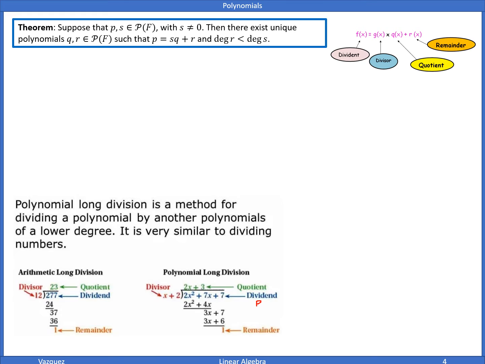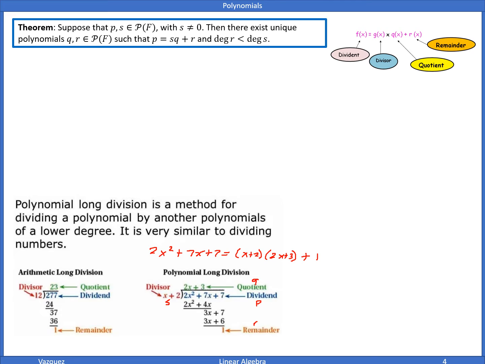This would be P. This would be S. This would be Q. And this would be R. This is how we should look at it. So P, this polynomial, 2x squared plus 7x plus 7, is equal to x plus 2 times 2x plus 3, plus 1.